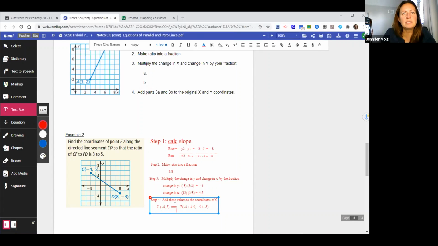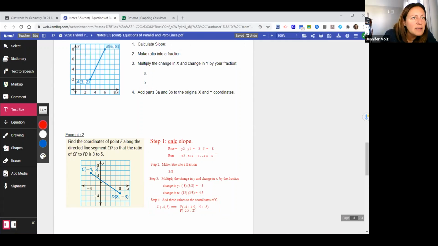So the new coordinates of this point that will partition up the segment are (0.5, 2). Now, if you look on the graph, (0.5, 2) would be about where my cursor is right here. And you can kind of imagine three portions of the line on the left side of that and 5 portions on the right. It's not easy to envision because we're talking decimals and we're on a diagonal and all that, but there we have it.